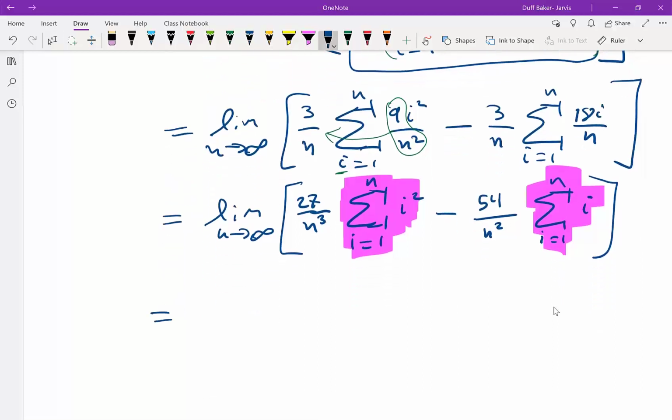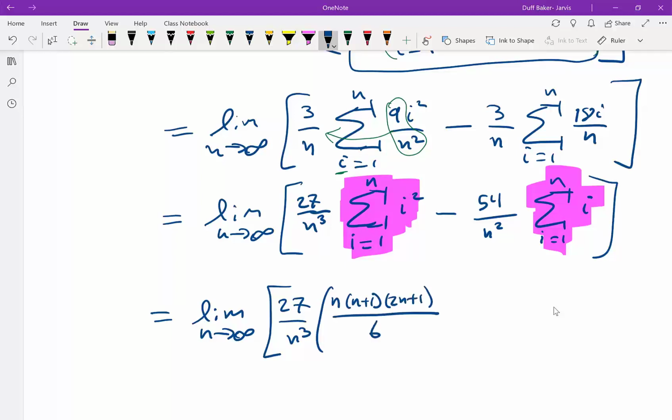Okay. The one for i squared was the top number times the top number plus 1 times 2 times the top number plus 1, all over 6. And the second one gets replaced by just the top number times the top number plus 1, over 2.